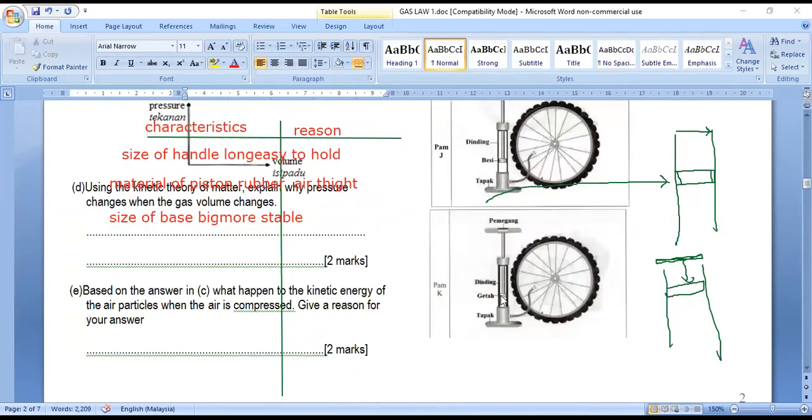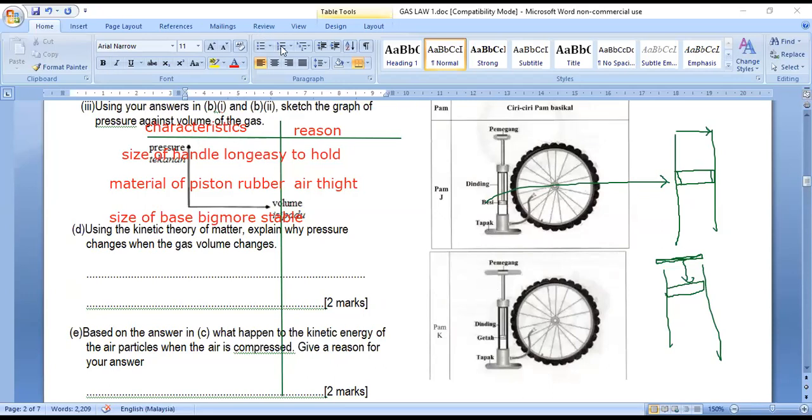The thickness of the wall must be thick. The reason you can say: stronger, doesn't become dented easily. That means tidak mudah kemek, doesn't become dented easily.